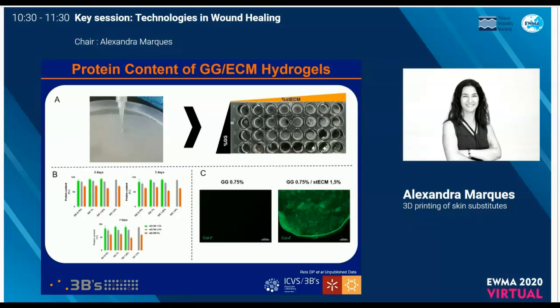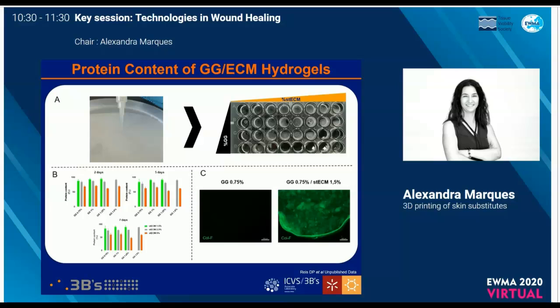So far, you can see here that they extrude nicely. This is just a needle, but it could be the needle of a printer. We have been looking at an array of different percentages of matrix and gellan gum to check on the stability.